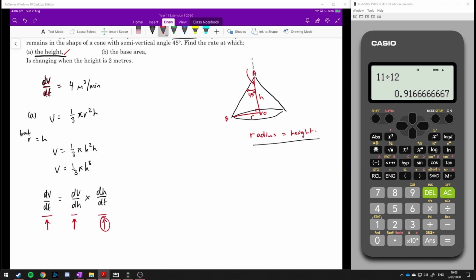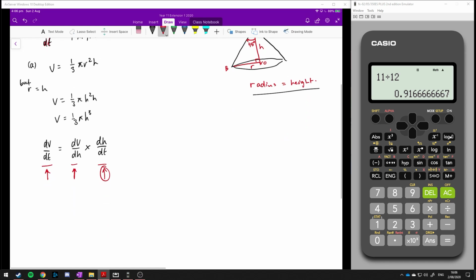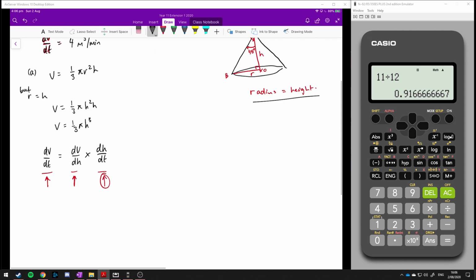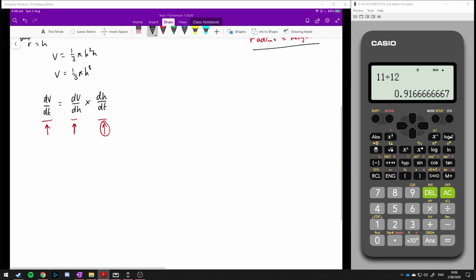So the height is changing due to time. Okay, so dV/dt. So we know what dV/dt is. dV/dt is equal to 4. So over here I'm going to write dV/dt is equal to 4.